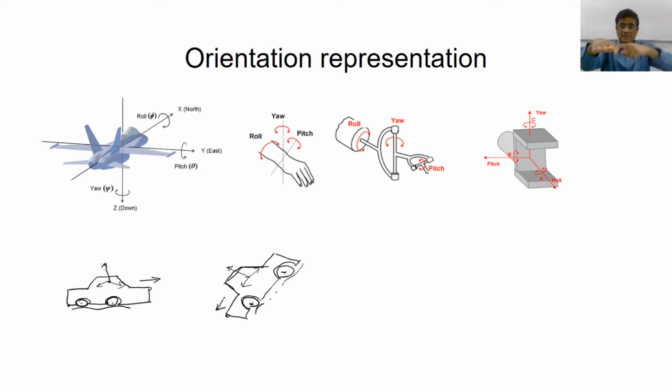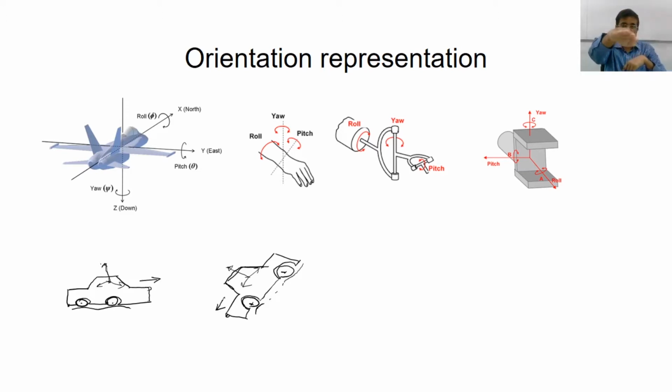Then consider another axis perpendicular to the earlier axis. If we move the wrist in this fashion, this motion is described as pitch. Then consider another rotation axis on my wrist, mutually perpendicular to the earlier 2, and I rotate like this.